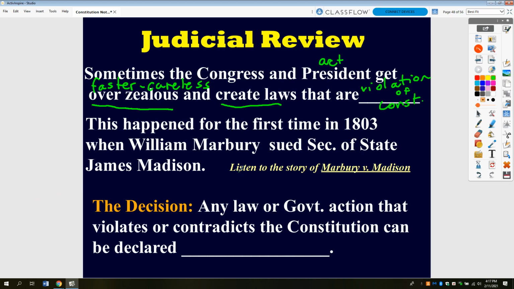Now, you need to listen to the story because it's not going to make sense if you don't listen. But in 1796, John Adams is president. John Adams is a Federalist. That's his political party. His vice president is, in fact, Thomas Jefferson, good old TJ, and TJ is what's known as a Democratic Republican.